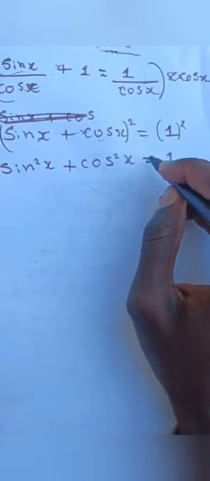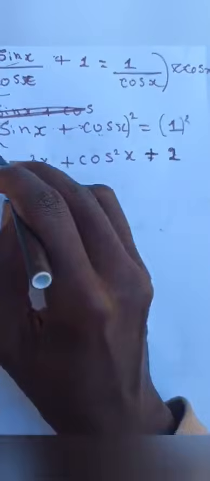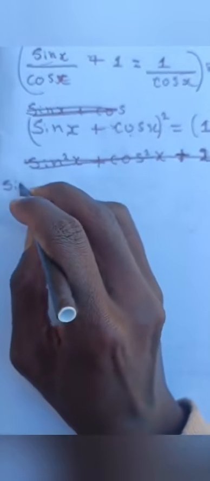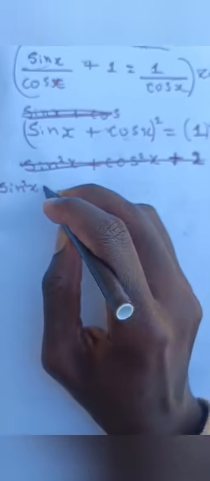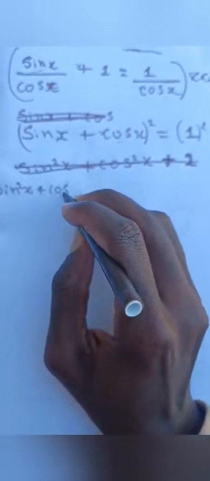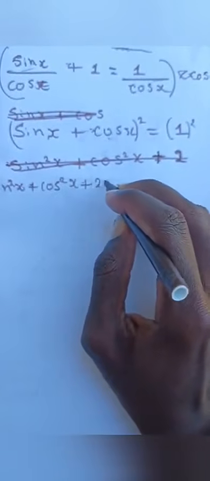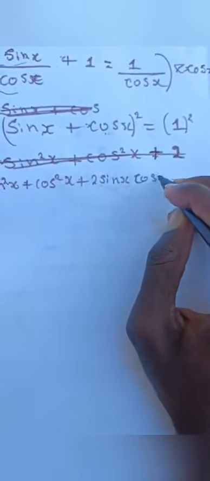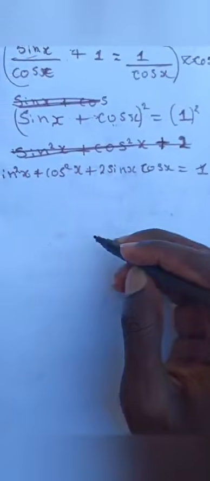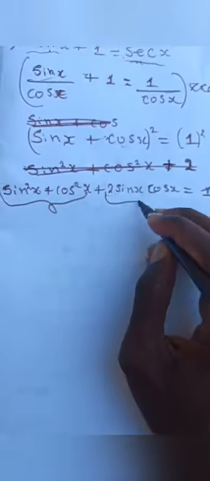No, I haven't finished expanding, so it's going to be sine power 2 x plus cos power 2 x, then plus 2 sine x cos x is equal to 1, right? So we substitute with the identities like we have been doing.